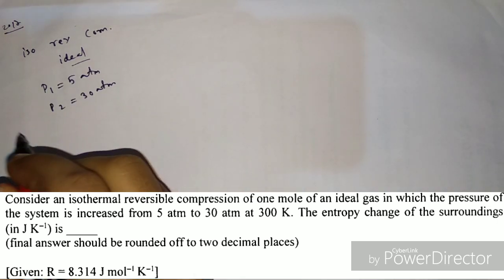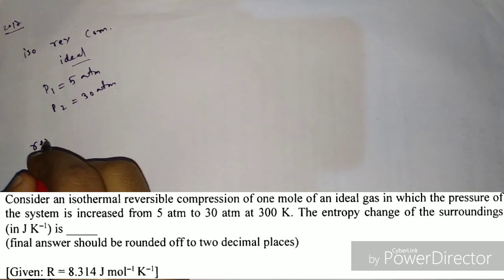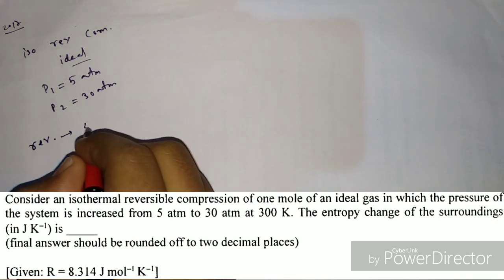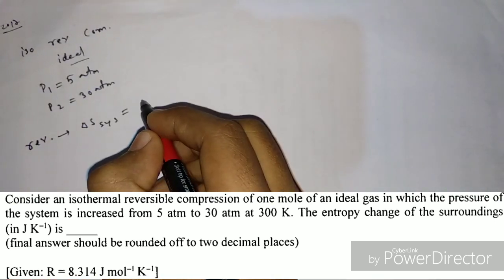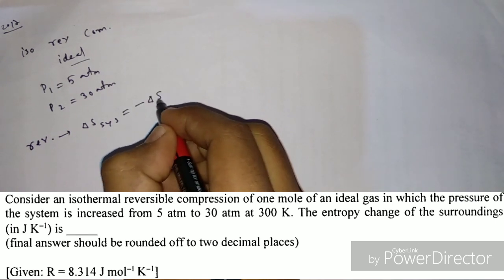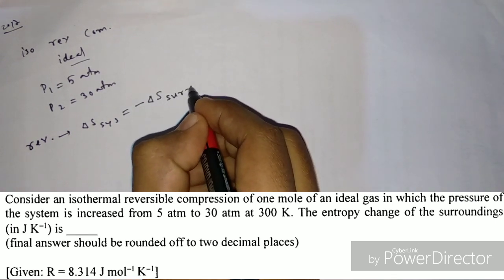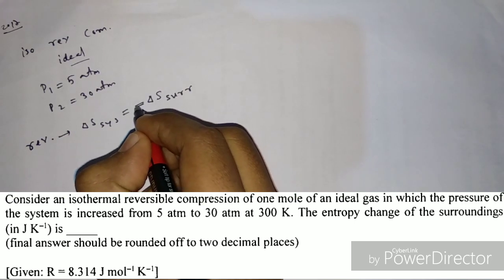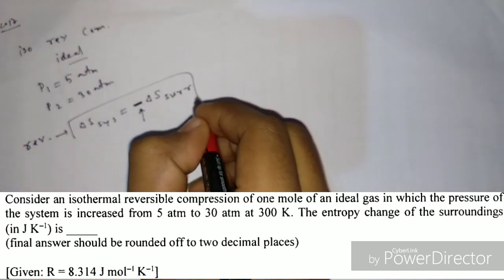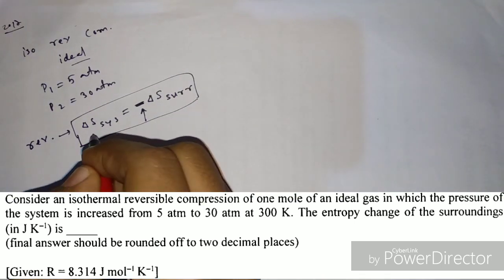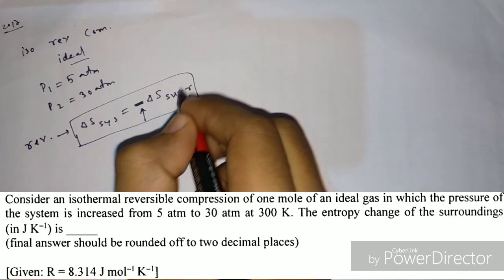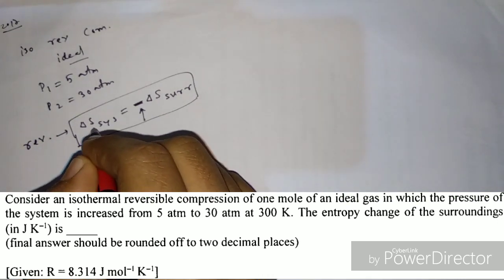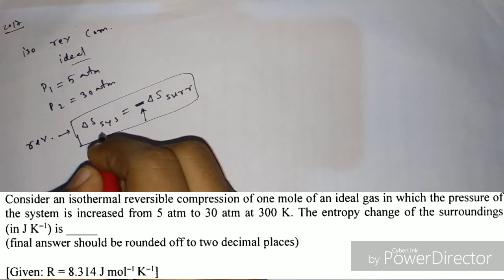Here you need to remember only one thing: for a reversible change, delta S system equals minus delta S surrounding. So you calculate the entropy change for the system, and the surroundings will be the negative of the value you got for the system.